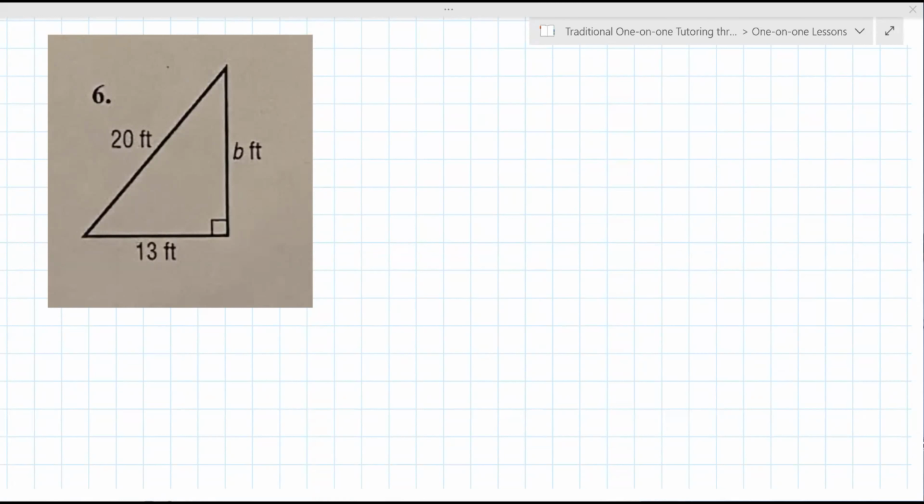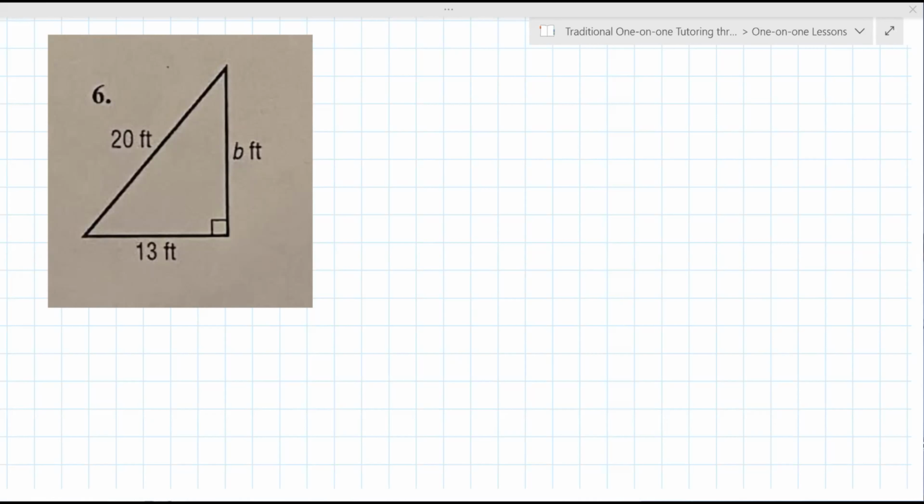Squared, 13 squared. Is this backwards? Wait.